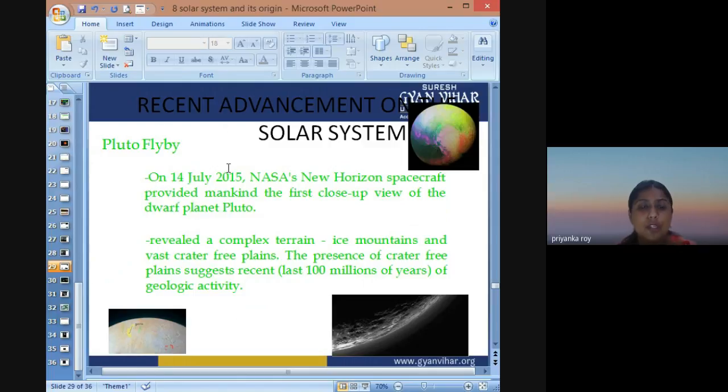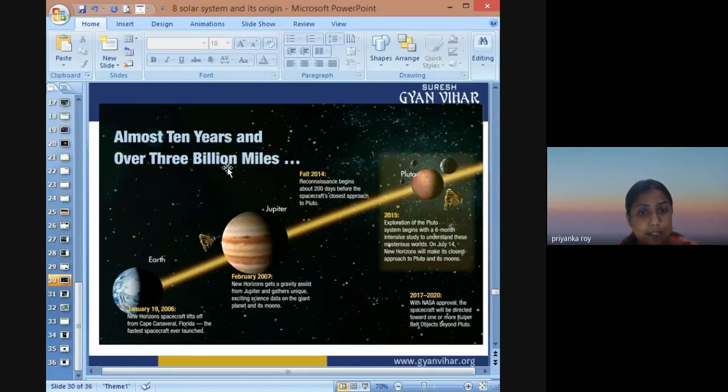Over these billions of miles, New Horizons received gravitational assistance from Jupiter, and then sent unique science and geological data back to Earth.